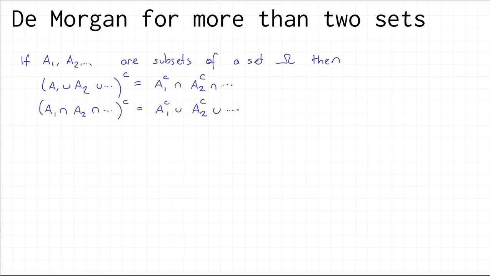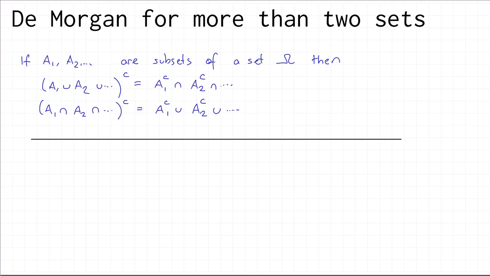Before I end this video, I want to think about one maybe slightly surprising aspect of the way we've stated these results, which is that we had a set omega, a kind of universe omega, of which all of our sets were subsets.